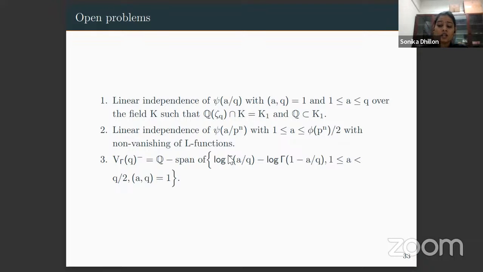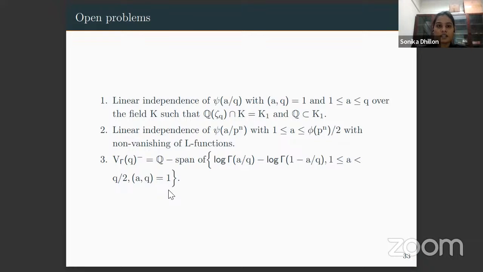Another one is that to prove this Rayleigh conjecture, we have studied only the positive subspace. Nothing is known about the negative subspace, and in fact, the negative subspace is of much more importance, because even in these results and some other results that are known under the assumption of this conjecture, they have assumed basically that this negative subspace has dimension exactly phi(q)/2. Although the statement says that they have assumed a variant of the Rayleigh conjecture, if you see in the proof, what they have assumed is that even if this part is true, still we can talk about the non-vanishing of the derivative of the L-function, but only for the case of primes.